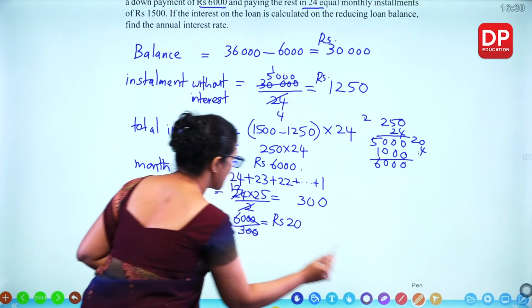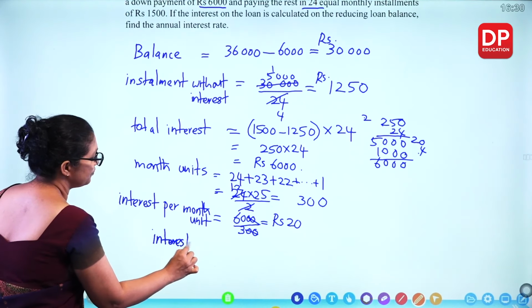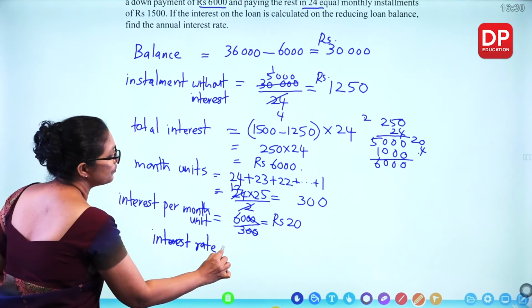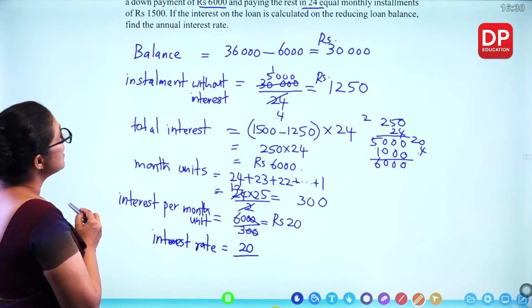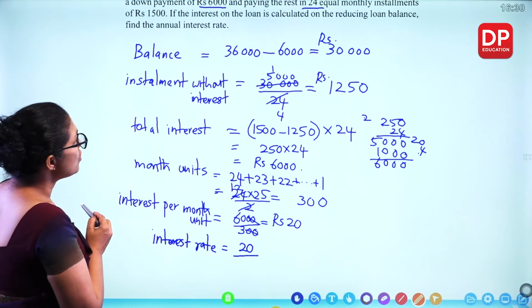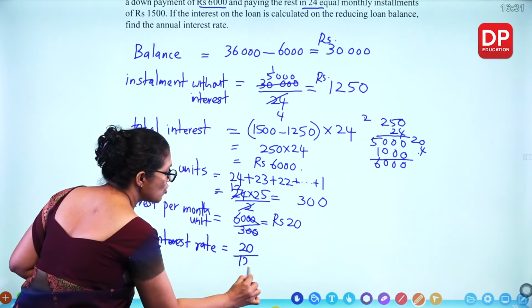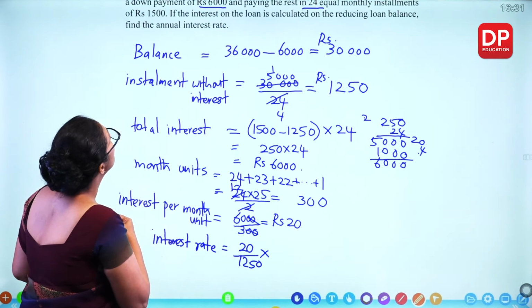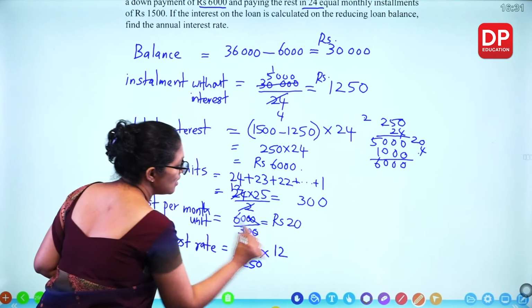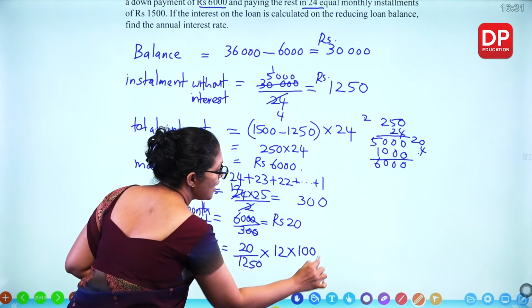So the interest rate is equal to, 20 rupees you are paying for what amount? For the value 20 paid for 1,250, and we need this annual interest rate multiplied by 100.